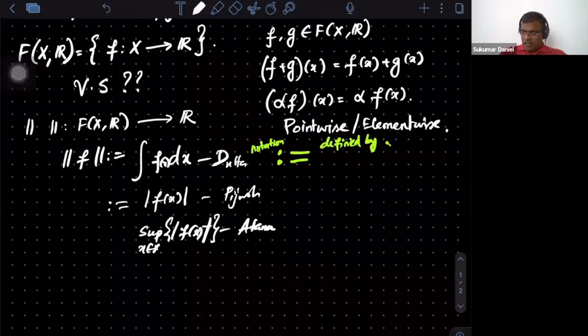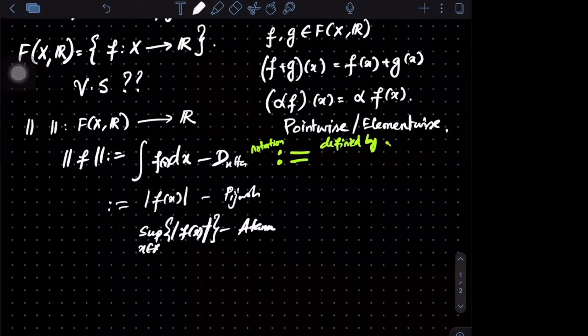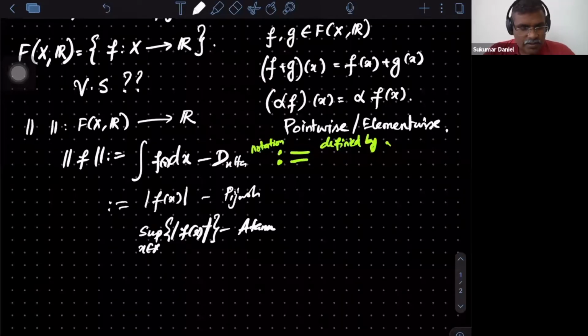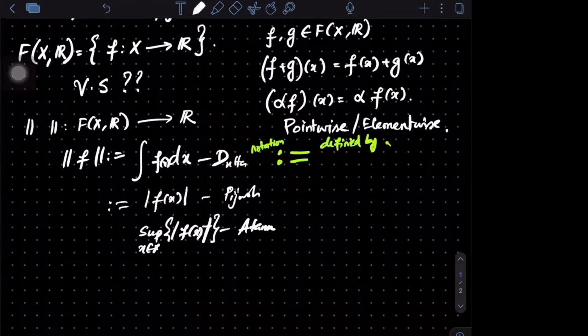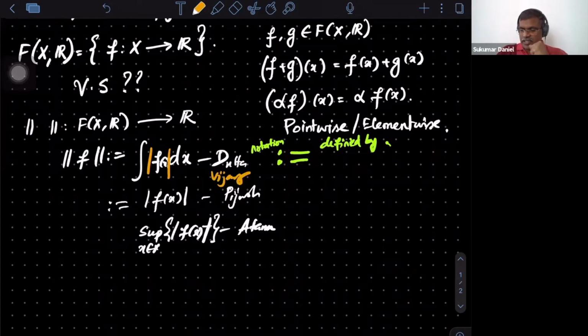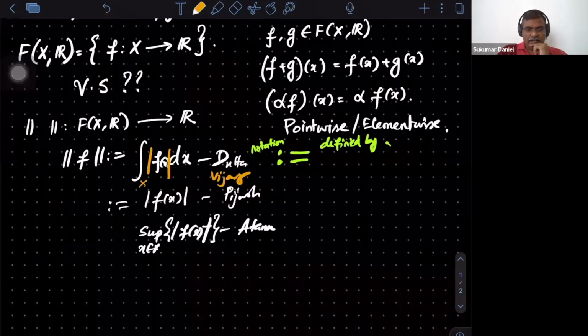But Vijay, Datta suggested this, but will this integration always be non-negative? We want the norm to be non-negative, right? So what change can you make? The integration of mod f of x dx. Maybe that's also a good idea. So what Vijay is suggesting is that we put mod of f of x. At least I am sure I'm integrating a non-negative function, so the integration will also be non-negative. Thank you, Vijay.